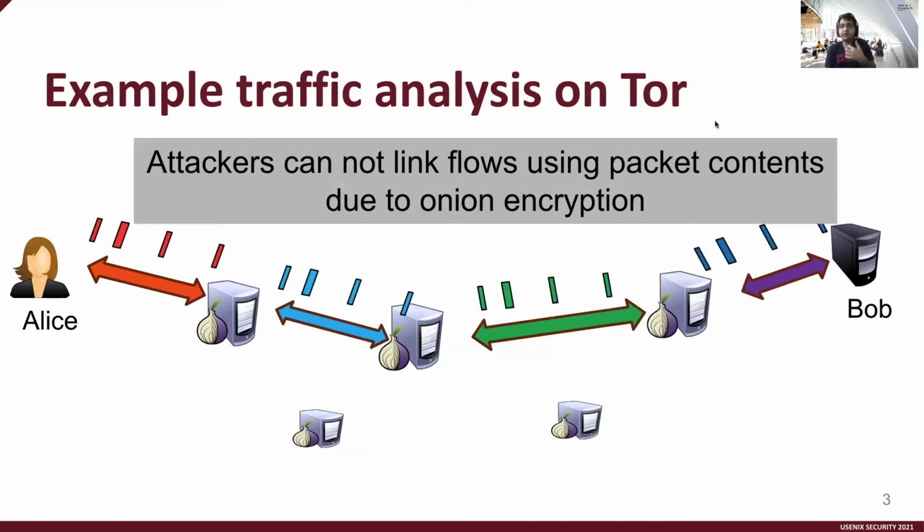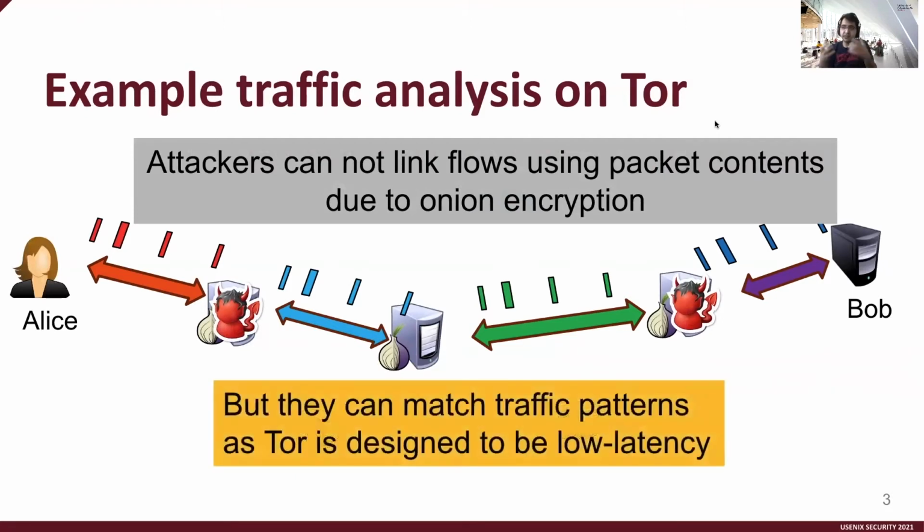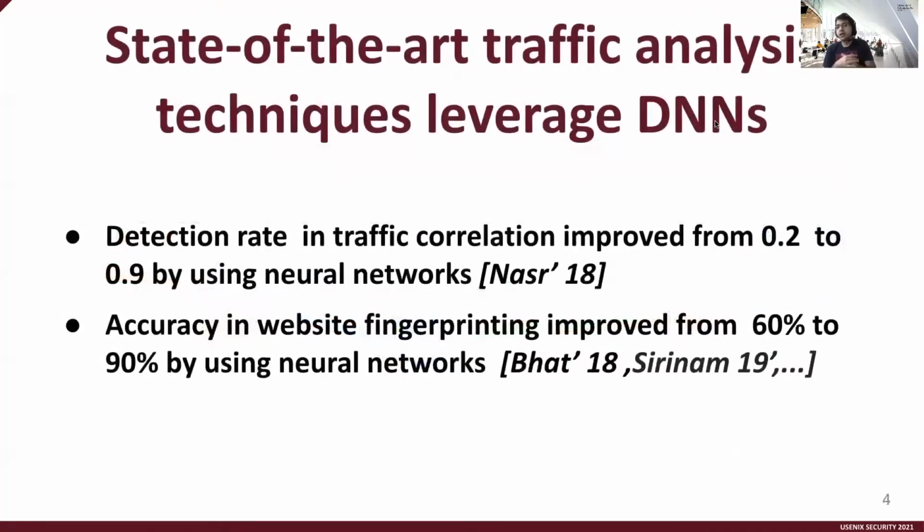So if you look at the connection from beginning to end, the same pattern is preserved. And Tor is designed to be low latency, so an attacker can use this pattern to do some inference on the traffic. And so there are many traffic analysis systems on Tor or similar anonymity networks.